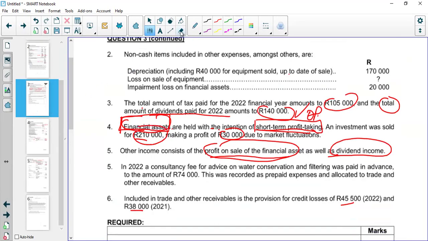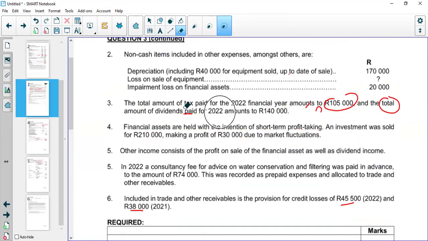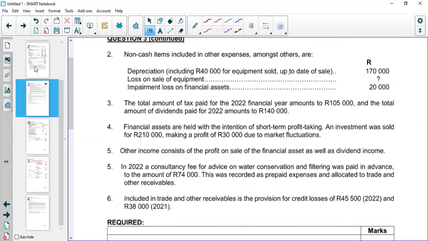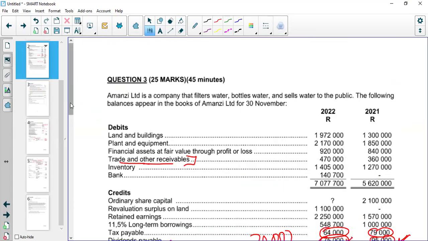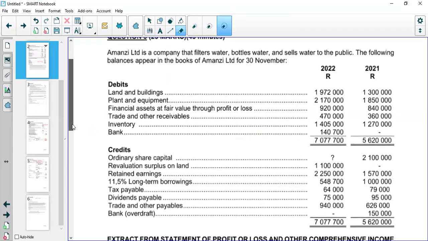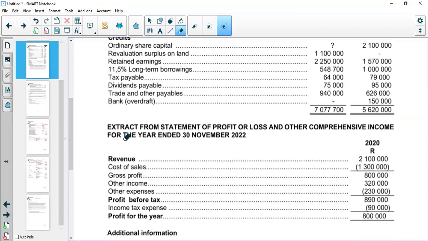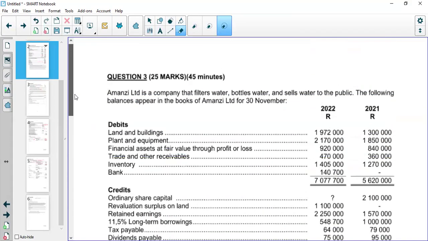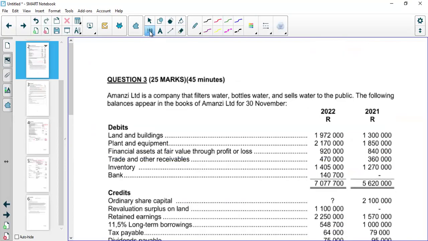Then sometimes we need to do a calculation of the financial assets. The calculation of financial assets is more like the calculation of PPE, to determine how much was actually added during the year.